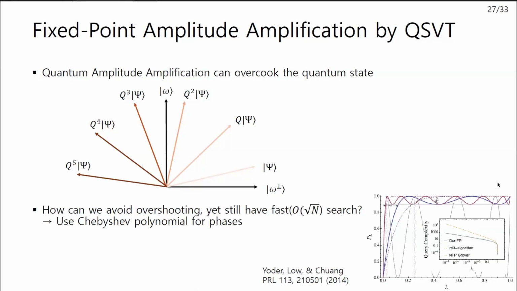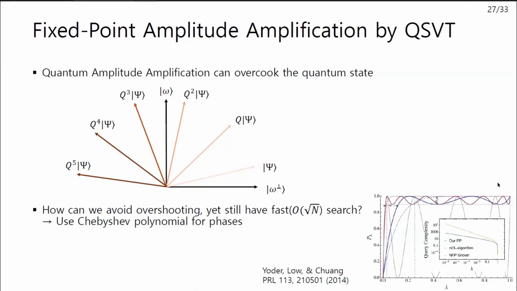But if we overcook our quantum state, then it does not contain enough portion of the omega state, like this Q to the 5th order of psi.